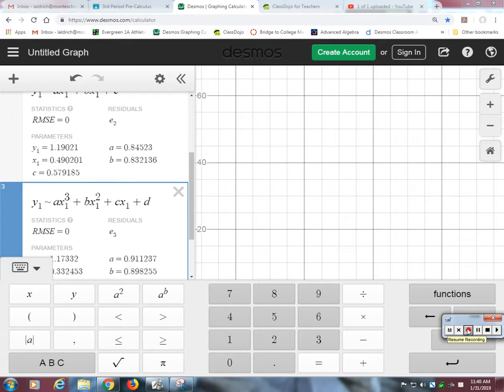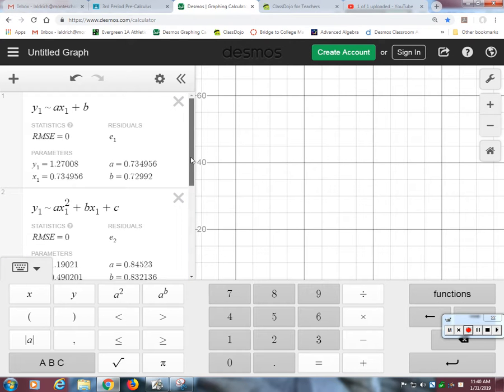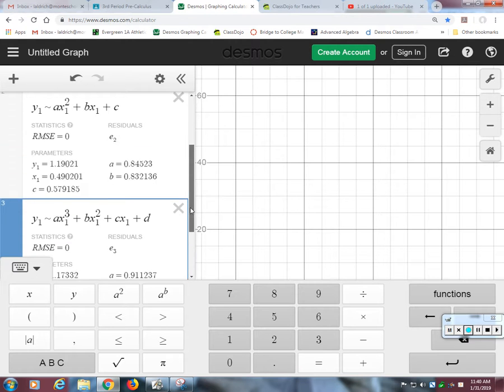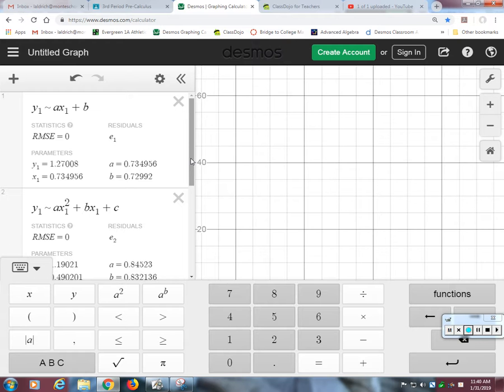Arrow out. All right, so I know that was a little bit of work. But what we have now is a linear, a quadratic, and a cubic all ready for us to go, so we don't have to enter those in again.